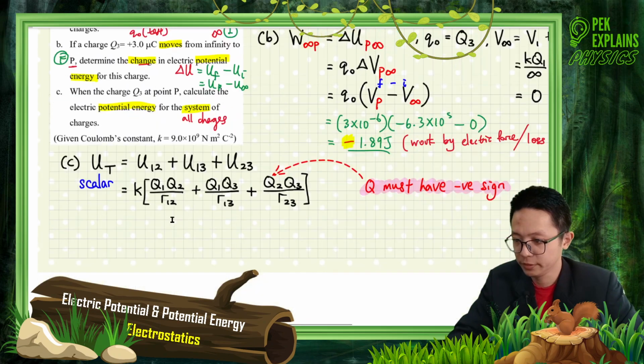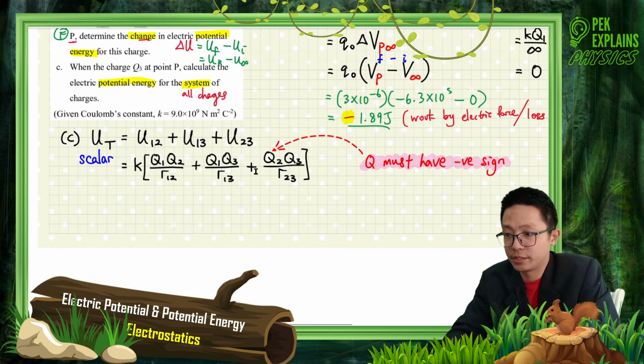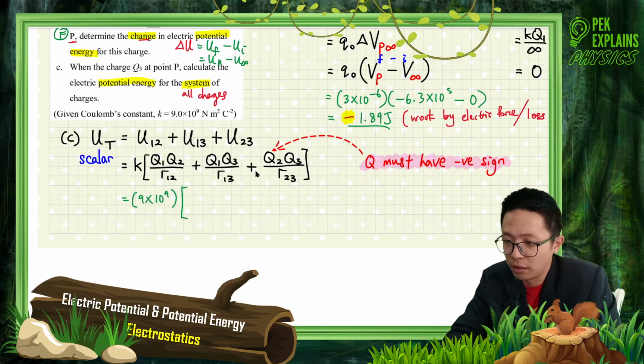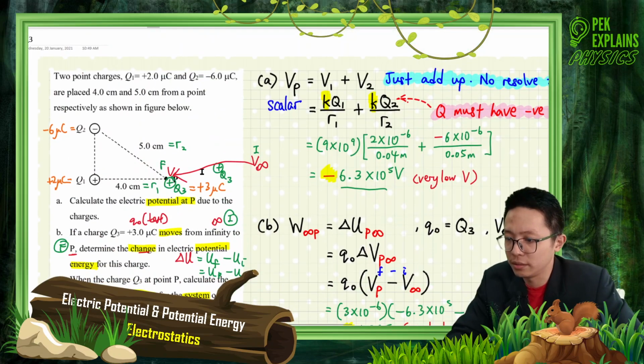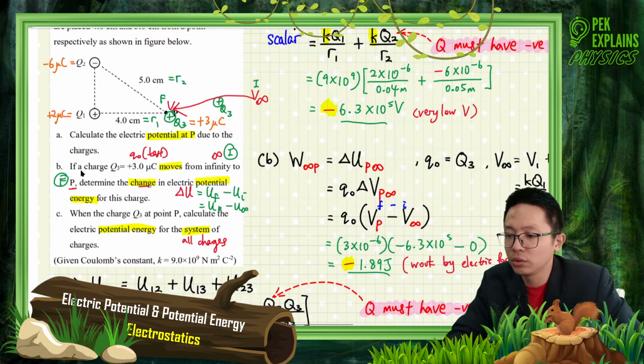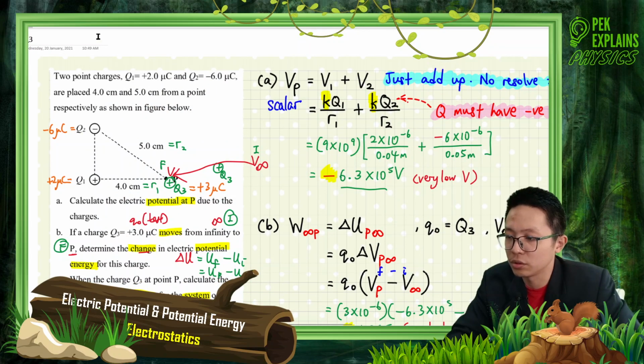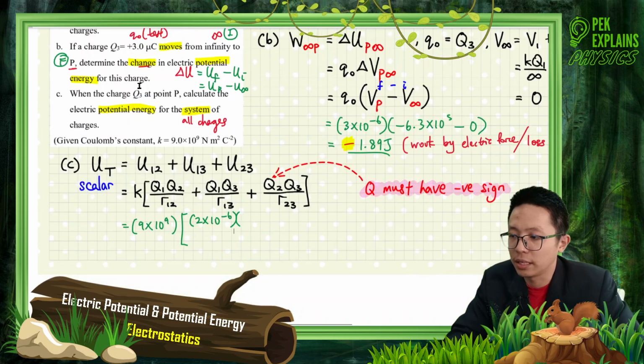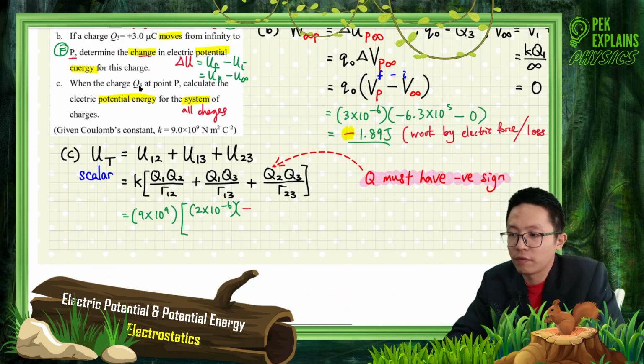Okay, now let's do the calculation. K is 9 times 10 to the 9. This will be long. Q1 is easy. Q1 is 2 microcoulomb, 2 times 10 to the negative 6. Then Q2 is negative 6 microcoulomb, and the negative sign is very important.